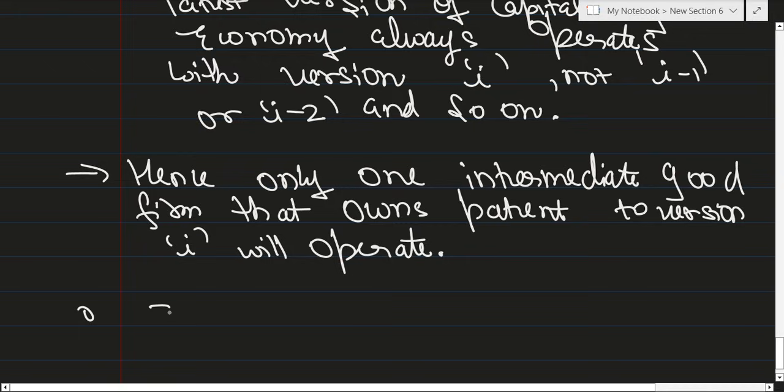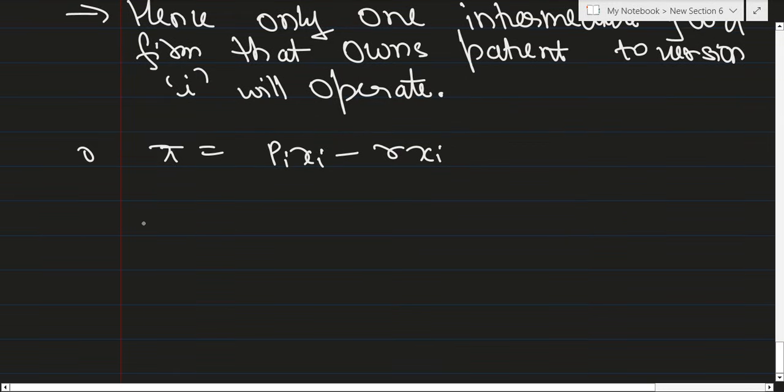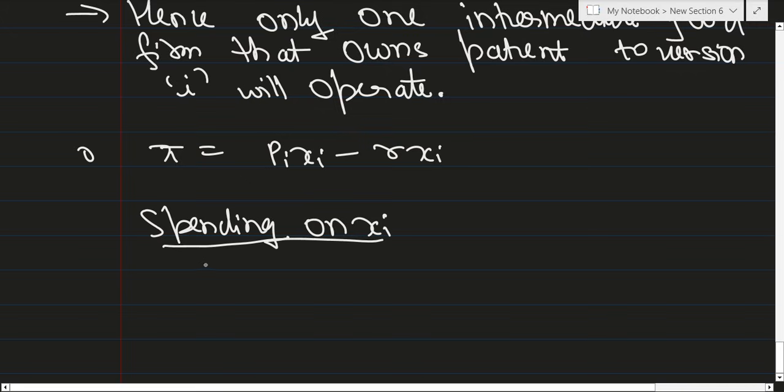Okay, so we first have profit as pi into xi minus r into xi. Okay, so we calculate a ratio: spending on xi, that is r into xi, upon total revenue from xi.